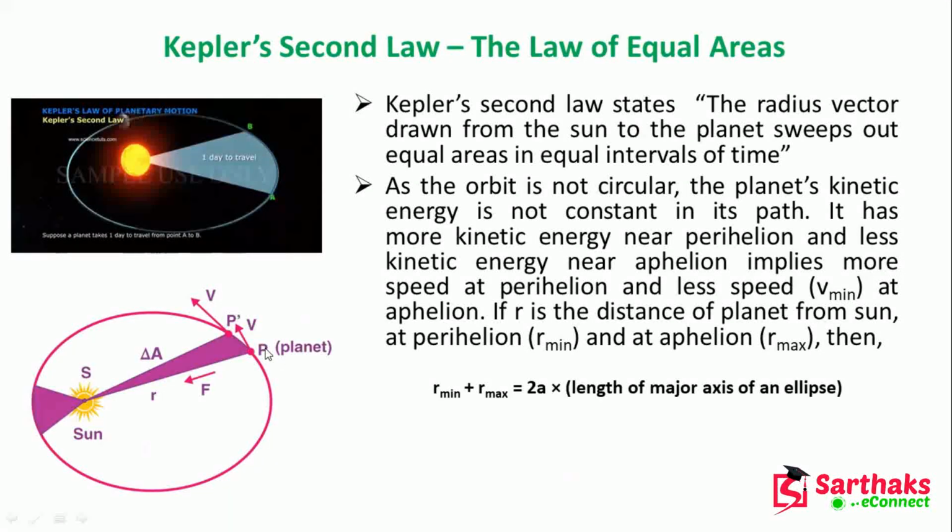The statement is: the radius vector drawn from the sun to the planet sweeps out equal areas in equal intervals of time. Suppose you have 1 day to travel. If you have 1 day to travel on this side, the same area will be covered.